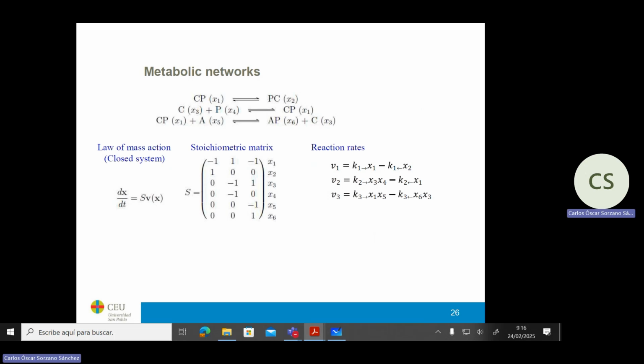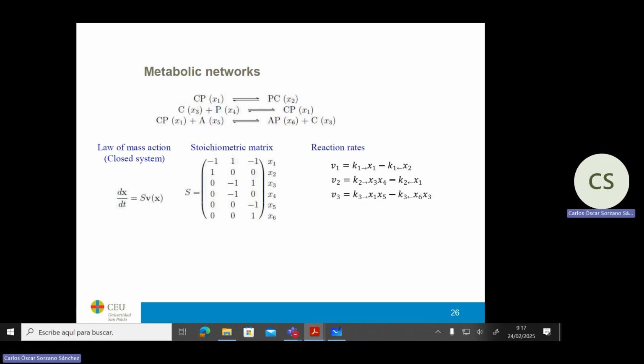And another way of analyzing this kind of relationships is with these metabolic networks. For metabolic networks, let's say that we have three chemical reactions. So we have, for instance, CP or PC, which is an isomerization of a molecule, or C and P that combine into CP, or CP dissociates into its two components, and then the same here, another chemical reaction.